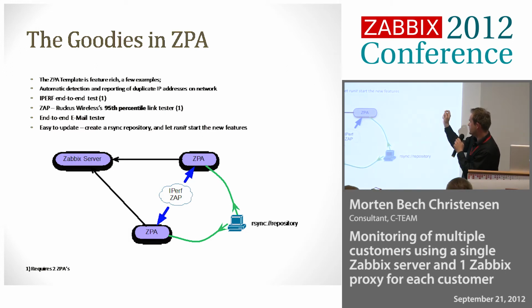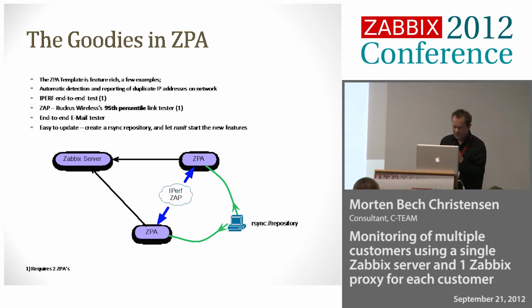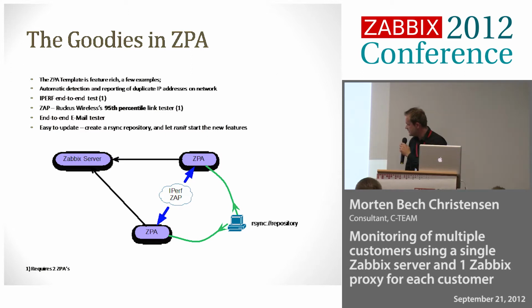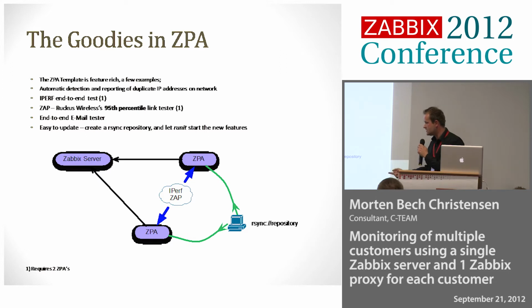We also have the SAP daemon from Ruckus Wireless, which does a UDP 95% quality test of the WAN link. The ZPA is able to send emails to the customer's mail server, which then gets sent to the internet, bounced back to the mail server, and the ZPA pops the email from the mail server. Now we have tested the complete ecosystem of the mail system.